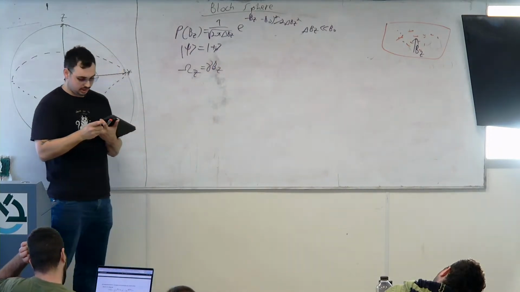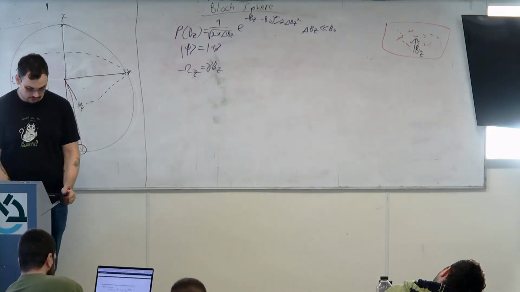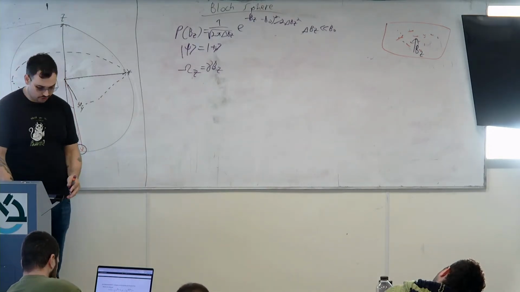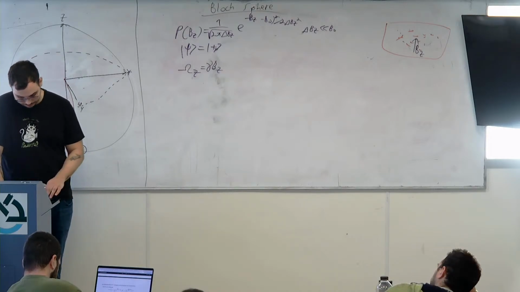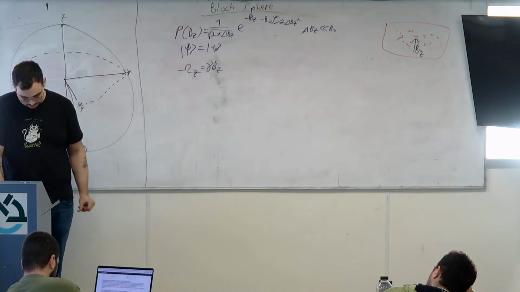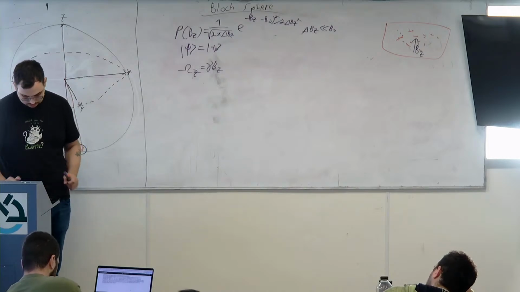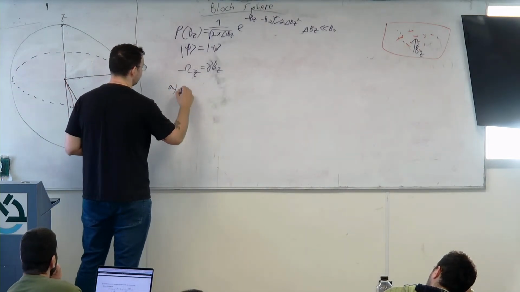Well, gamma is just some geometric ratio between the field and the rotation. Right? Now the first thing we want to calculate is, let's write it in A.